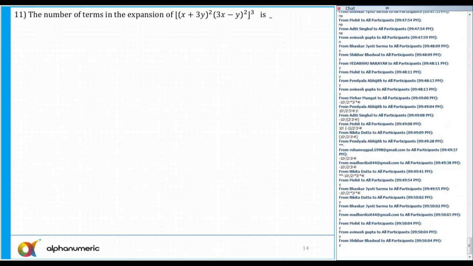Try this question number 11. Find the number of terms in the expansion of this.